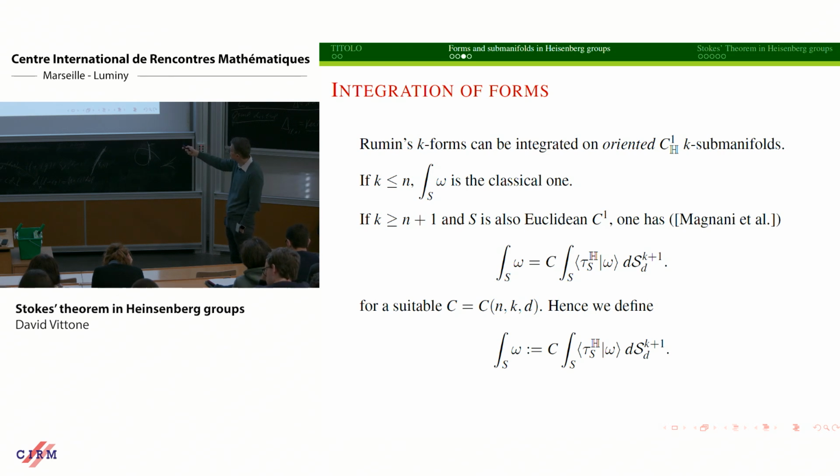This object is well defined and continuous on the manifold. So we can define the integration of omega on S in this way, with this constant, which is important in order to have the classical integral when your surface is also Euclidean smooth.